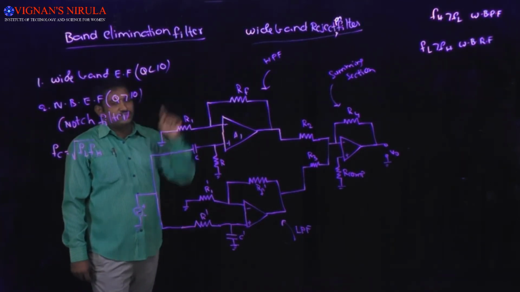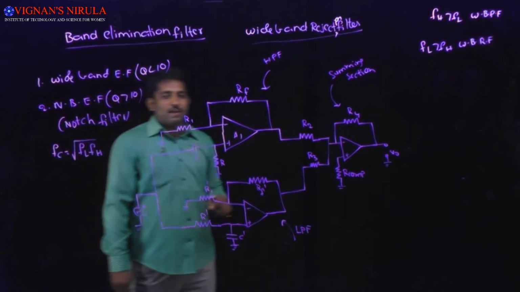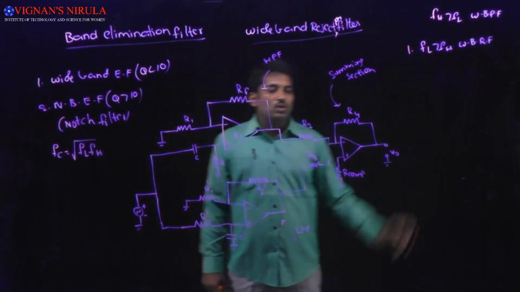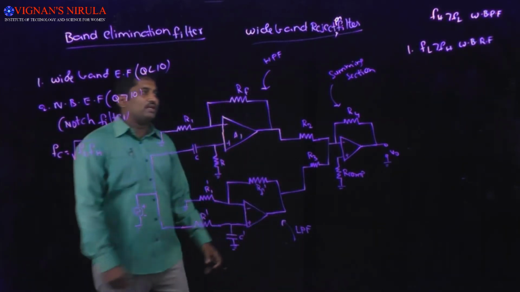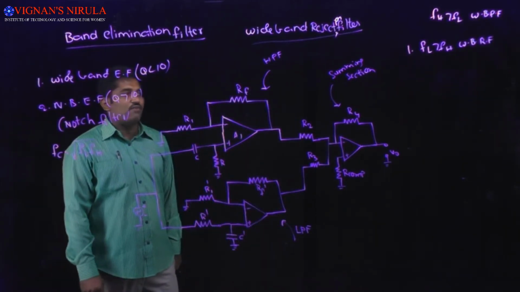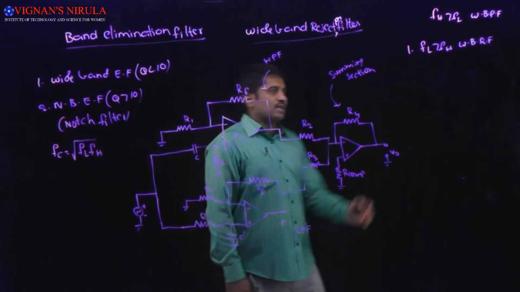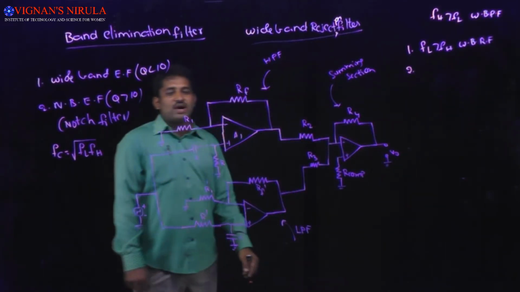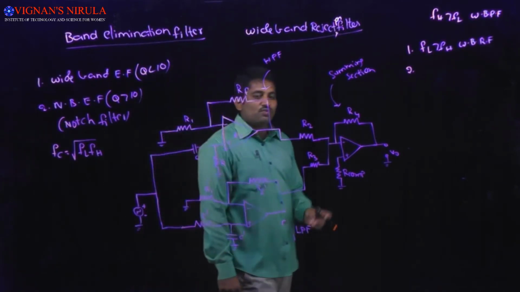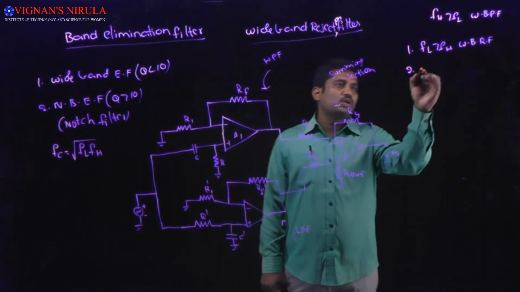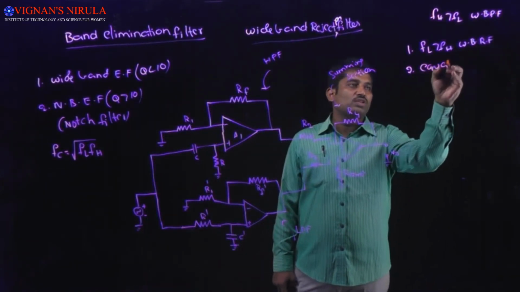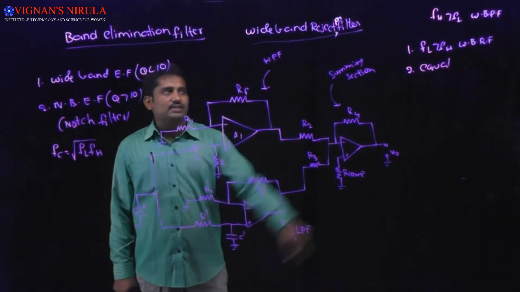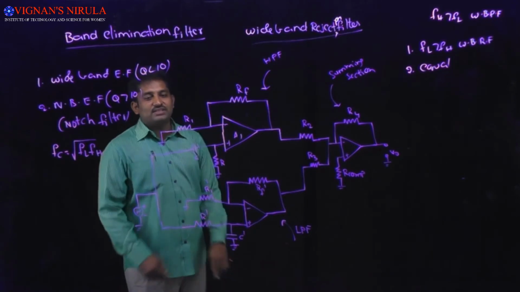The first condition for satisfactory operation of this circuit is that the lower cutoff frequency should be greater than the higher cutoff frequency, and the second one is that the pass band gain of both the high pass and the low pass sections will be exactly equal. If you follow these two rules, then it will operate like a wide band rejection filter.